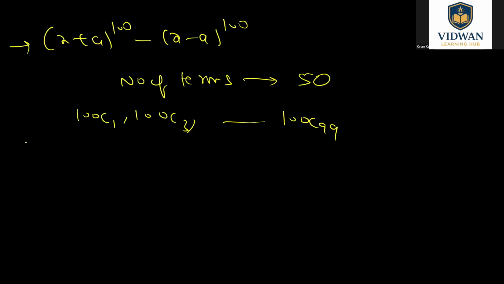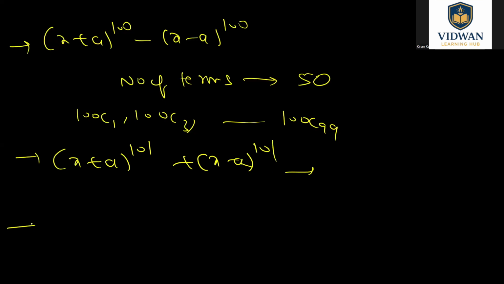The answer is 50. What about the case where the power is an odd number like 101, with addition and with subtraction? If the power is an odd number, what is the number of terms in these two cases?